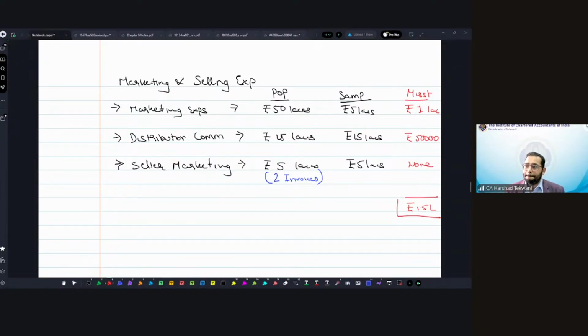Yes. Okay, tell me. If you want to evaluate this 1.5 lakh, how will you evaluate? We will evaluate it at the overall materiality level, performance materiality level, which we might have fixed at the start of the audit. Okay, overall performance materiality level.